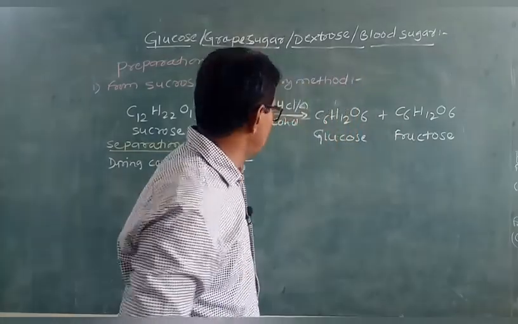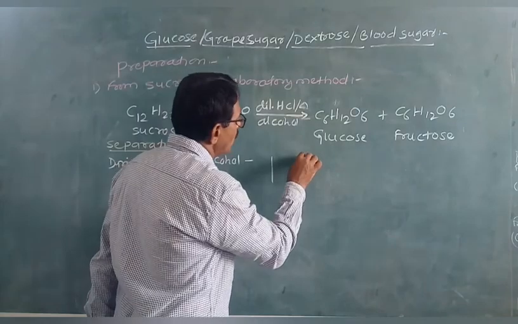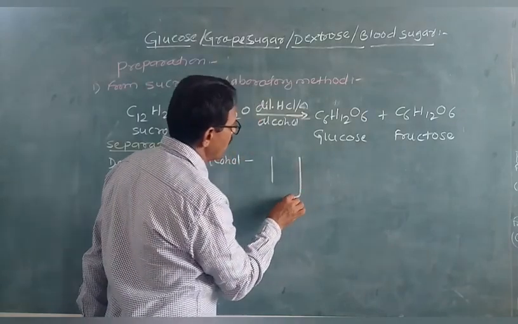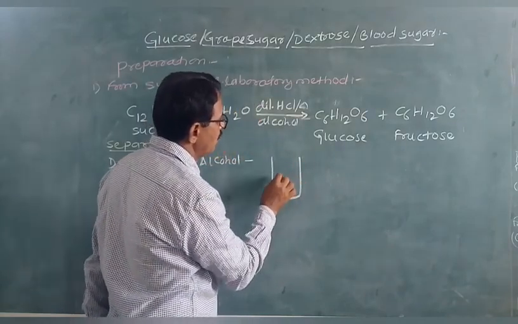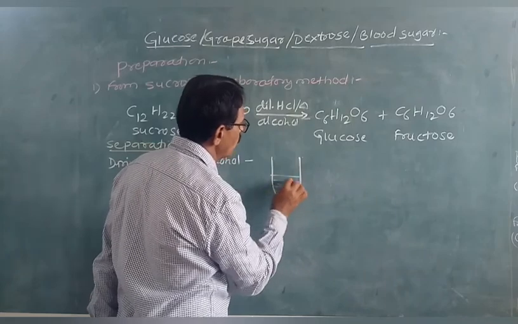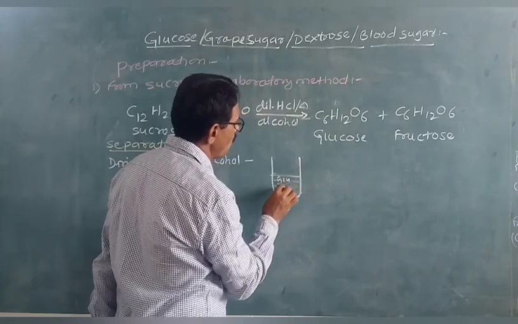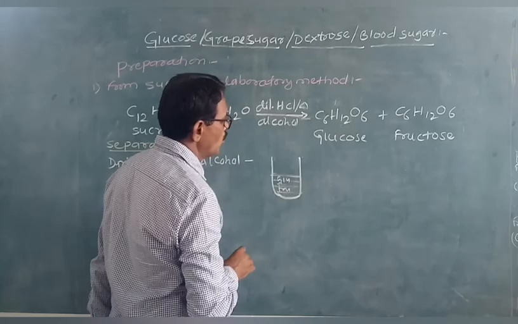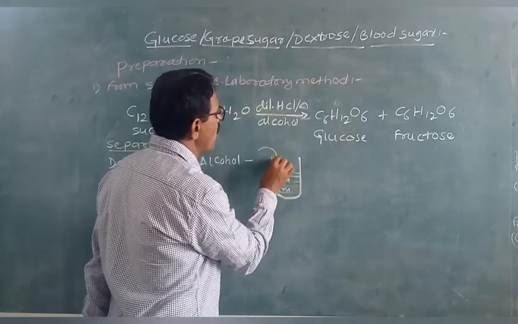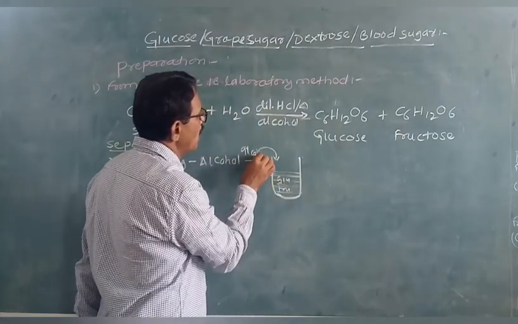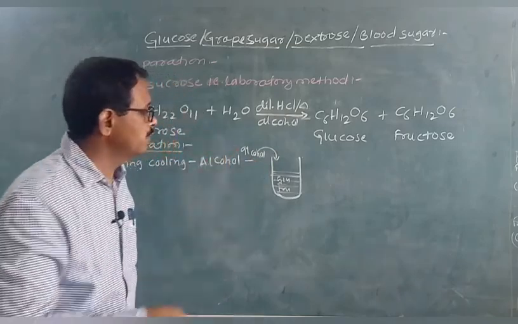Then what happens here? Suppose we have taken that mixture in a beaker like this. Here is the mixture of glucose plus fructose, a mixture of glucose and fructose. And into this mixture we have added alcohol. During cooling, alcohol is added. Now what happens here?